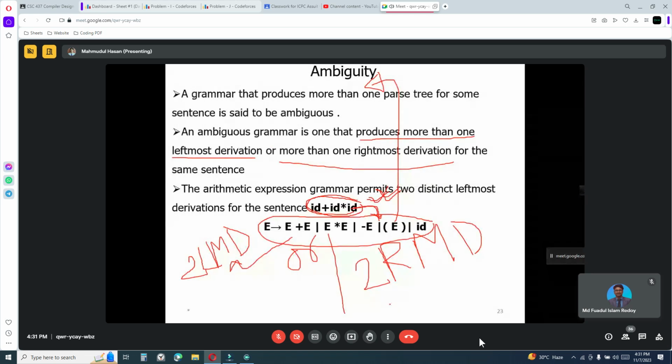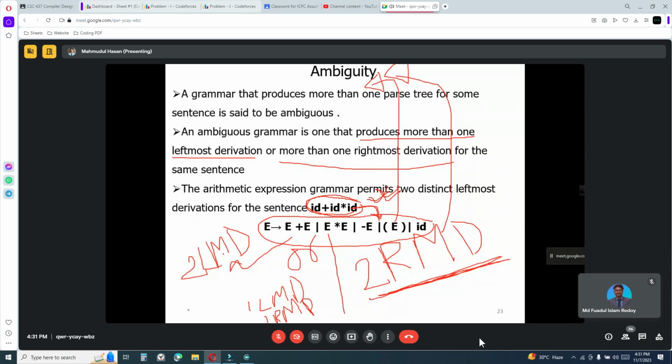Or more than one rightmost derivation, that time you can also say that this grammar is ambiguous grammar. But one leftmost derivation and one rightmost derivation, that is not ambiguity. Got it?